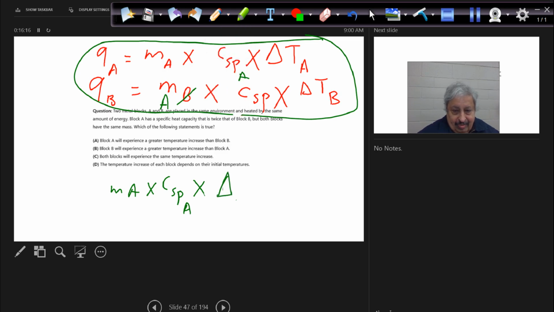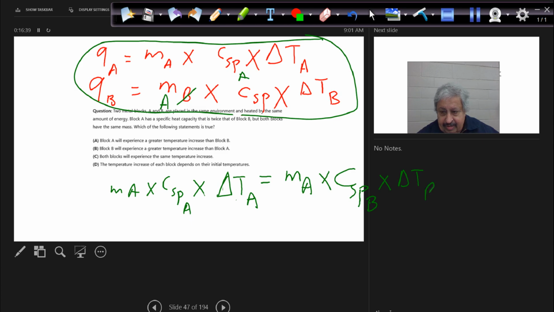Delta T A equal to mass of A, correct? And A is twice. They said A has twice the specific heat of B. So this is specific heat of B multiplied by delta T B, correct? Now the mass cancels out. They are the same, correct? I'm just canceling those.